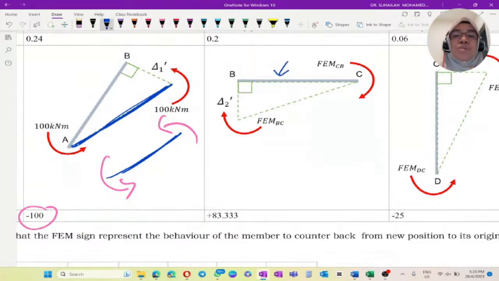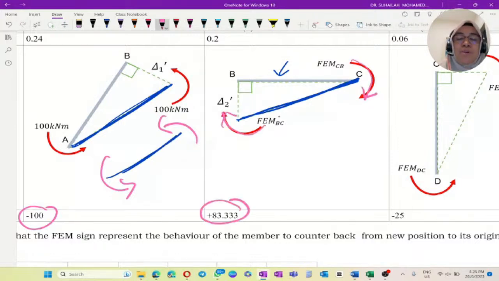After side sway, it moves to this position. The fixed end moment for the beam will push the new position of the beam back to its original position, so we have to apply the moment clockwise. That is why, as we can see, this is positive, and this is also positive.